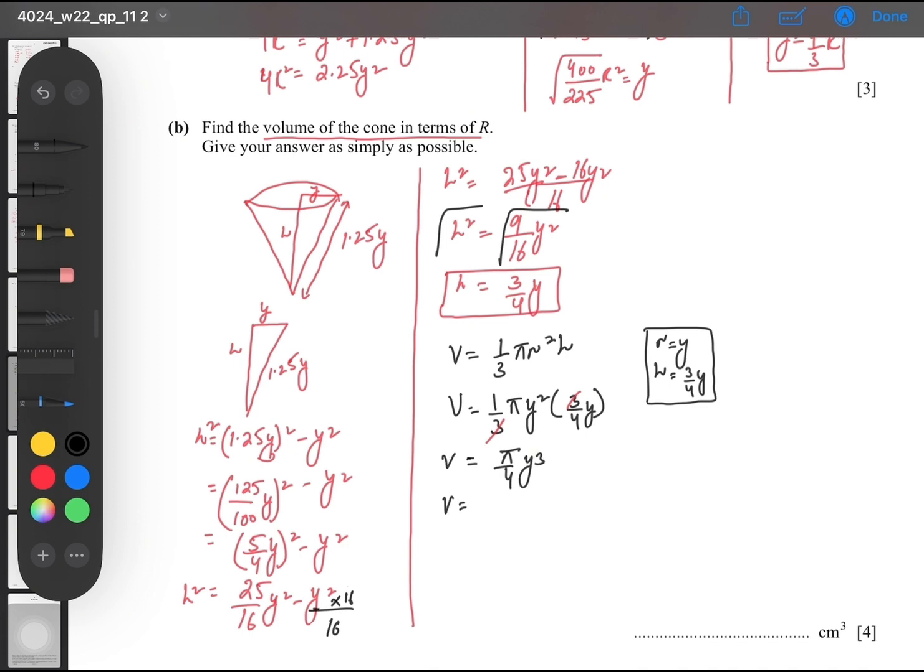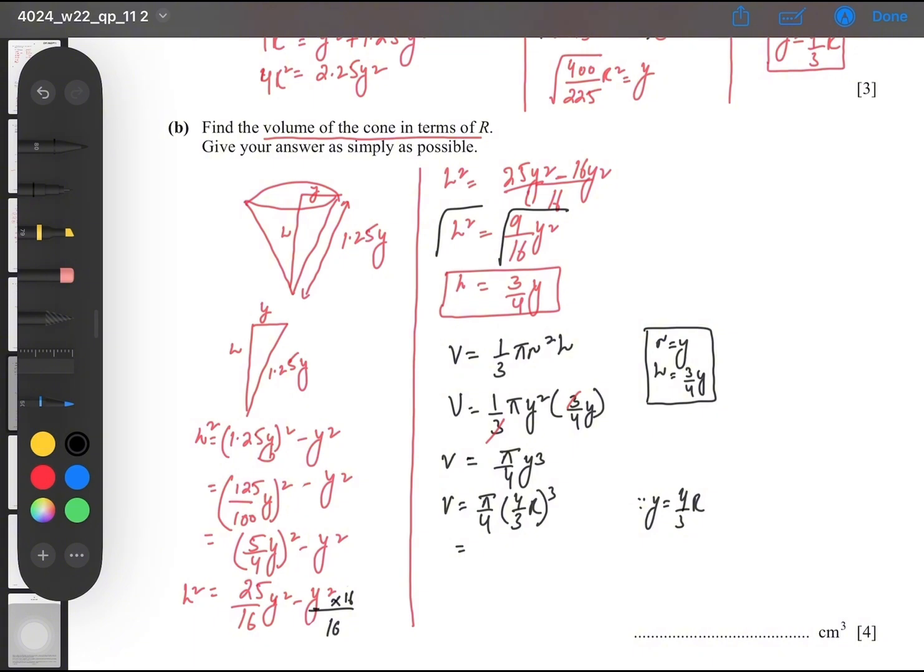Now I'm going to plug in the value of y that we already found in part A. So y is equal to 4 over 3 r. So pi over 4 into 4 over 3 r cube.